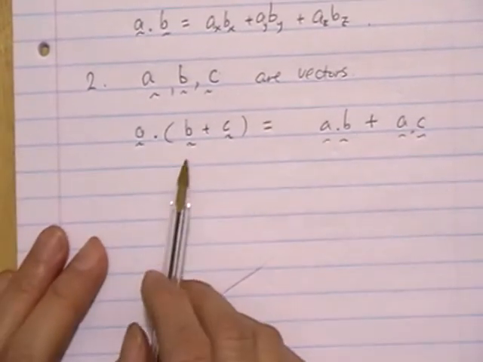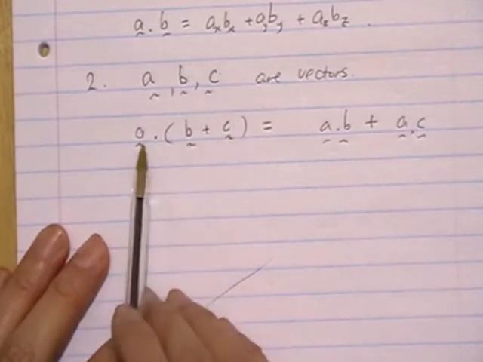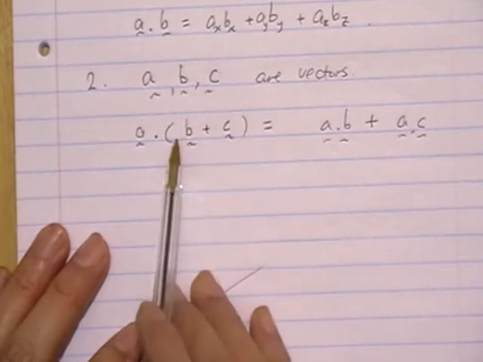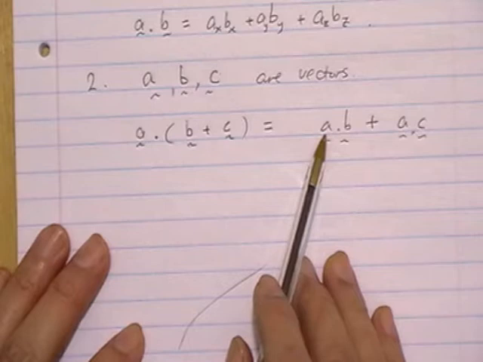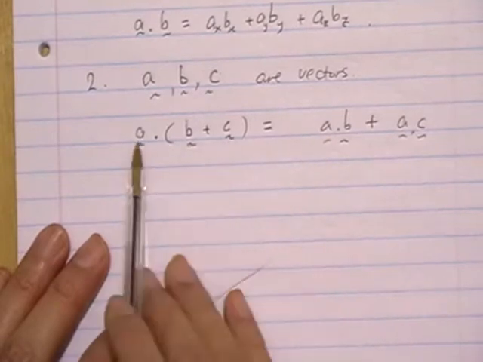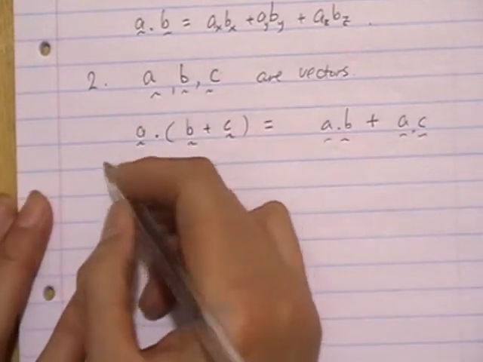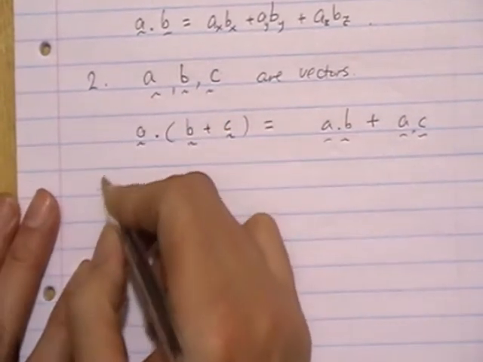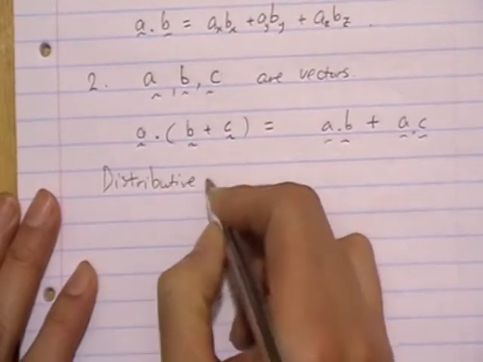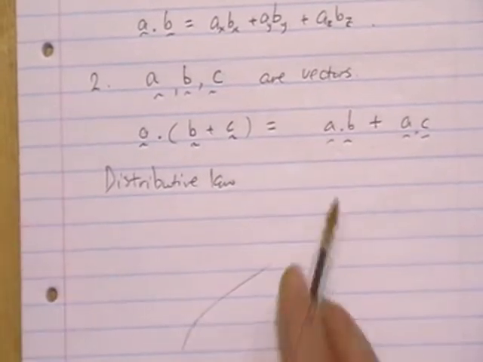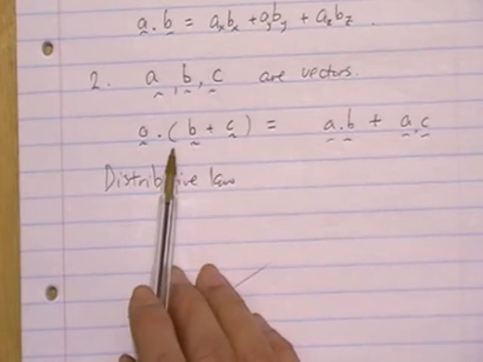In algebra, if these are numbers, if we have A times bracket B plus C, when we remove the bracket, we would multiply each term in the bracket by the factor outside of the bracket. And that's called a distributive law. And that's what we learn in algebra for numbers.